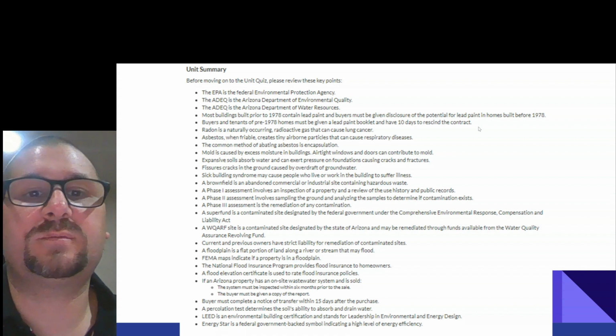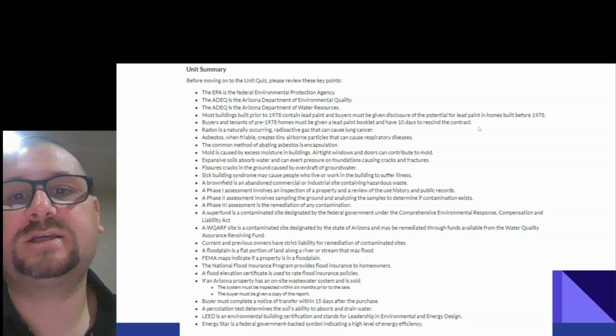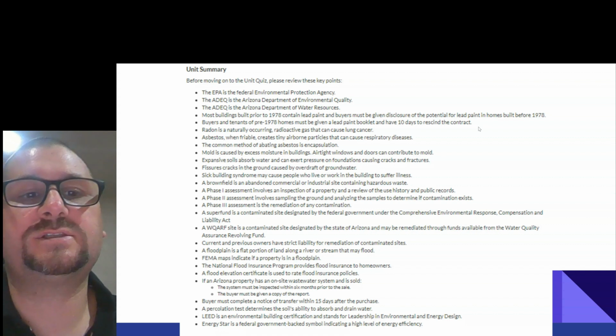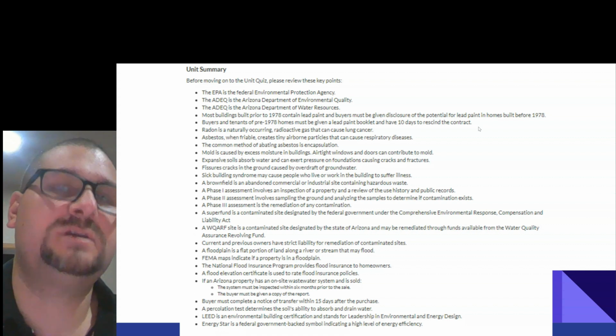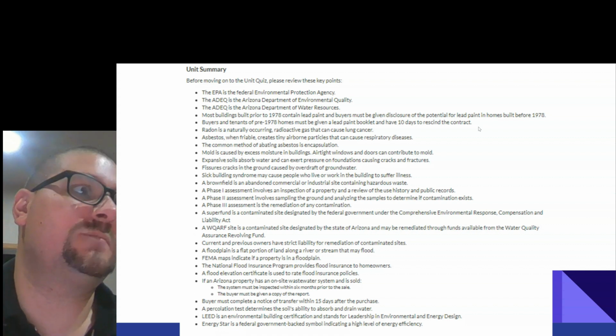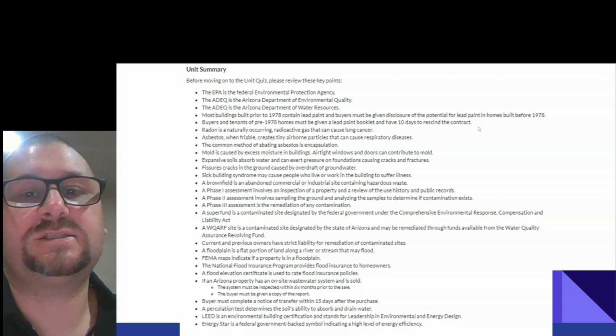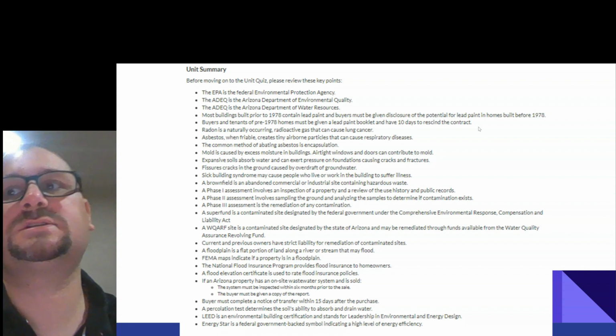Brownfield is an abandoned commercial or industrial site containing hazardous waste. So if you hear something called a brownfield, that's a term for a commercial building that has hazardous waste. It's called a brownfield.